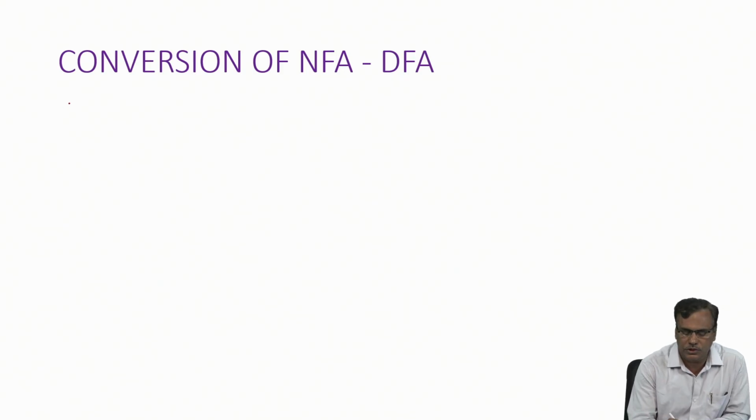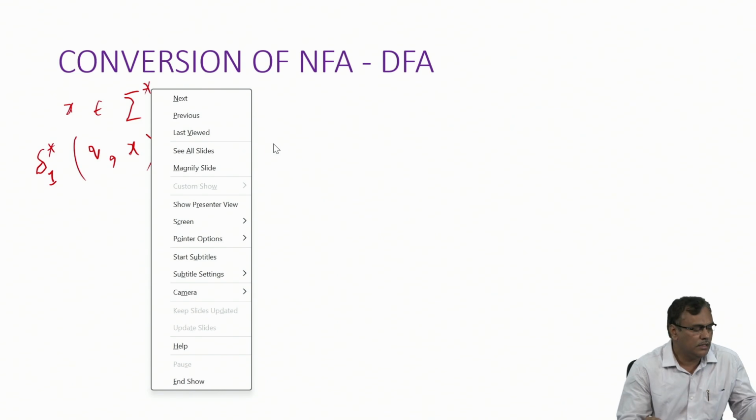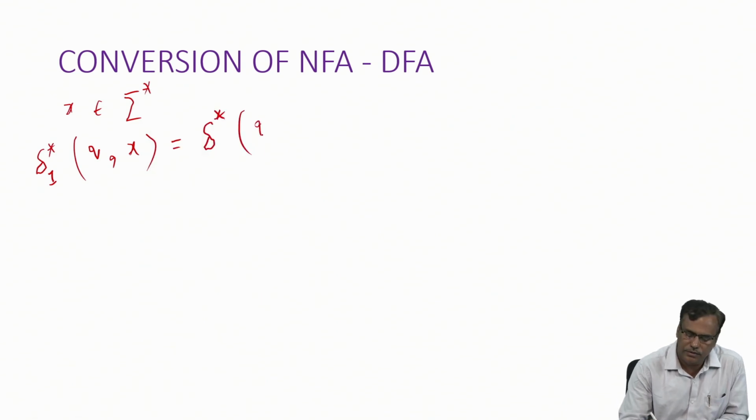So for x belongs to sigma star, we have to prove, I'm using delta 1 for the DFA, delta 1 star of q x is equal to, for the NFA, the transition function is delta, so delta star of q x.